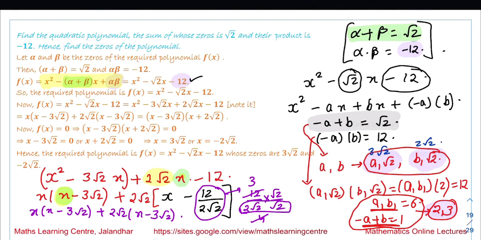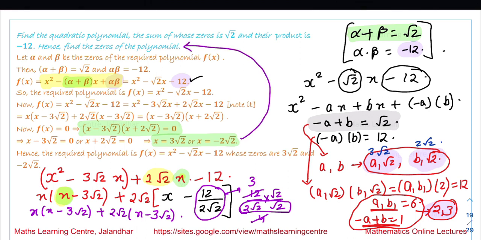So this will give us x minus 3 root 2 into x plus 2 root 2 equal to 0, and from this we will get the value of x is 3 root 2 or x is minus 2 root 2, and these are the required roots or zeros of this polynomial.